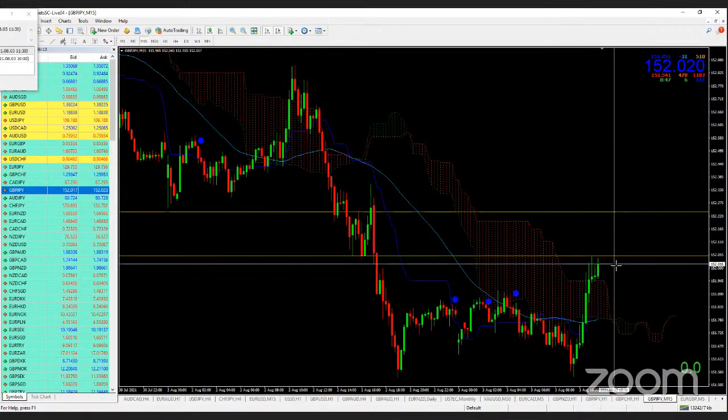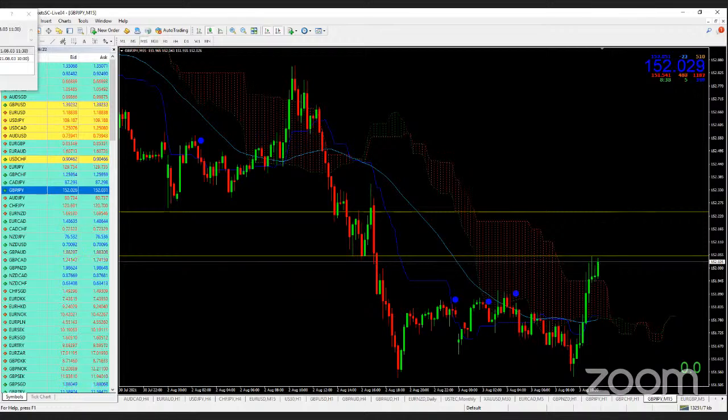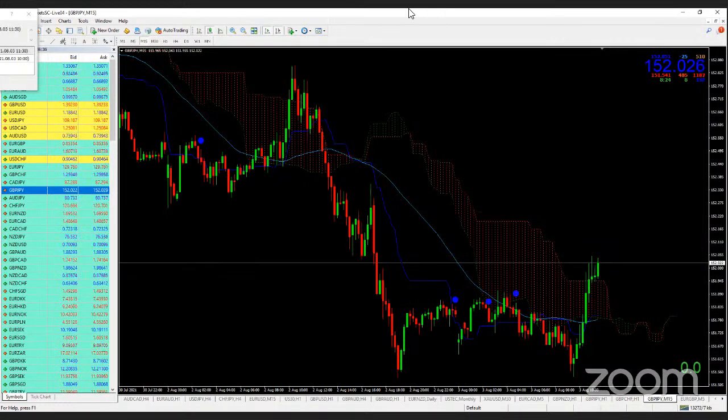So if you enter now, that's the 20 pips or thereabout that I believe we would still get for today, but I'm not going to be taking this trade. So let's look for a non-pound pair to trade.